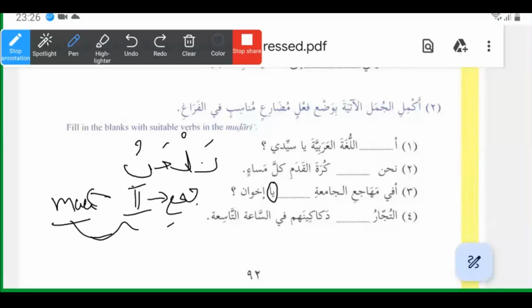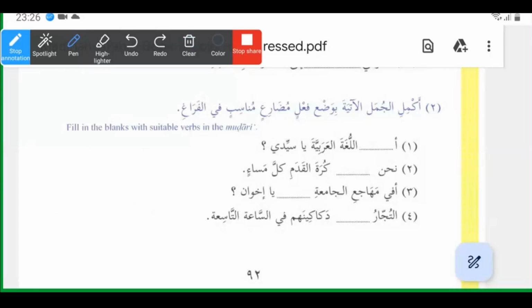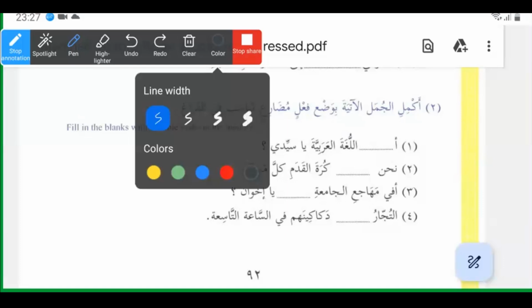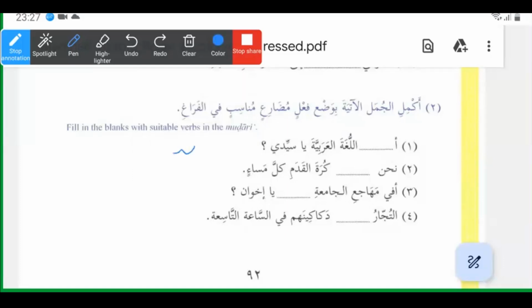Afi Mahaji il Jamia. Mahja means dormitory, and Mahaji il Jamia is the jama, meaning the hostels. Afi Mahaji il Jamiati. Sakana yaskunu means to stay. Sakana yaskunu.